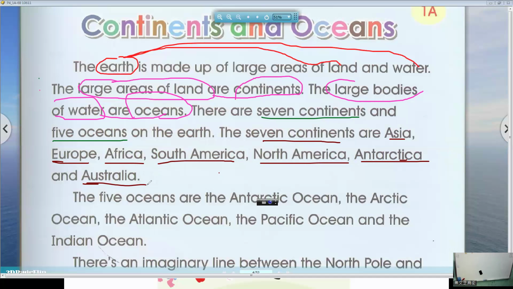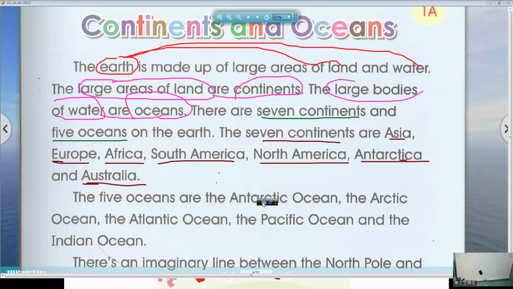Teacher, what are Antarctic? Antarctica. You break the sound. Antarctica. Arctic, yes, that is an ocean. Okay, next, continue.